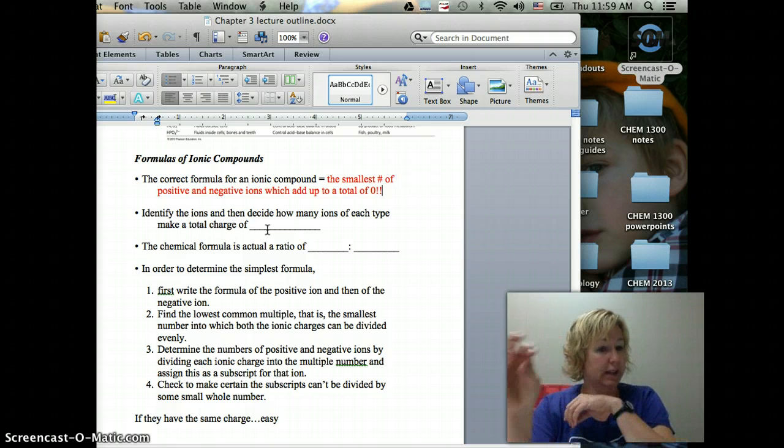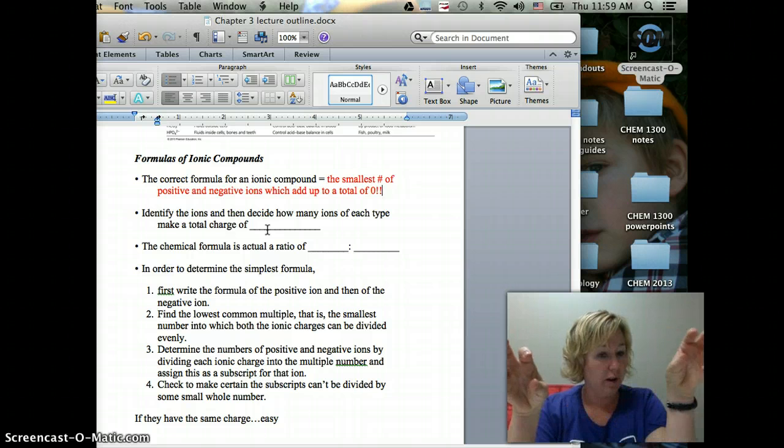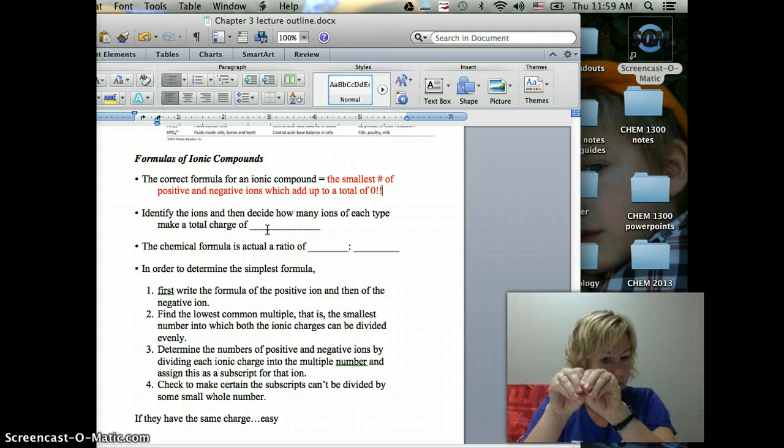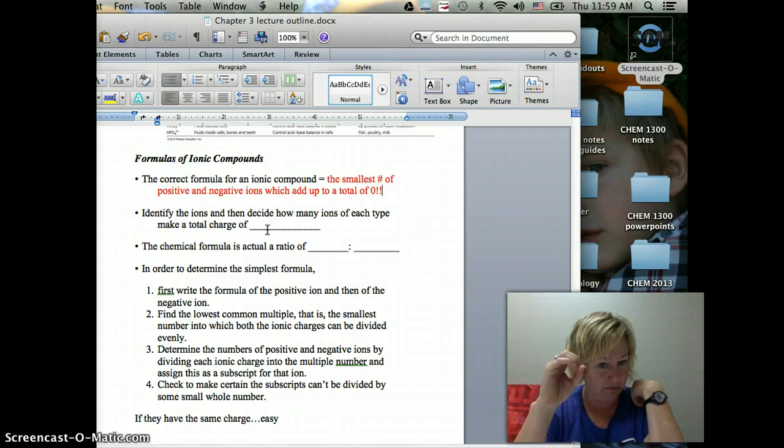So you're taking a -2 and a -1 and you put them together, you get 0. If you take a -2 and a 1, you have to put 2 of these positive ones together because ultimately it has to equal 0.